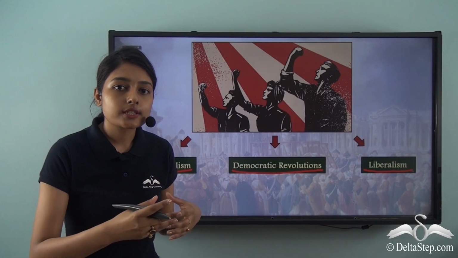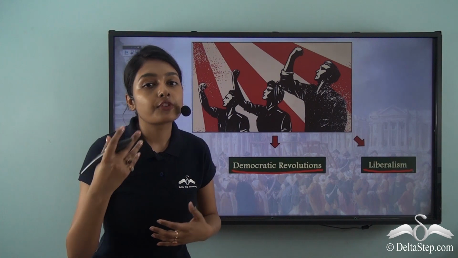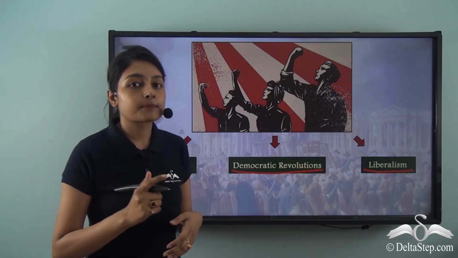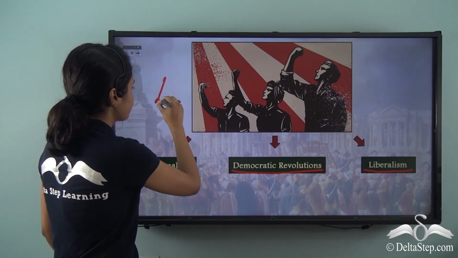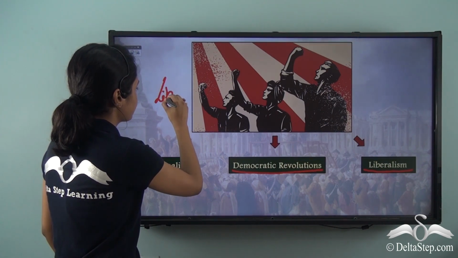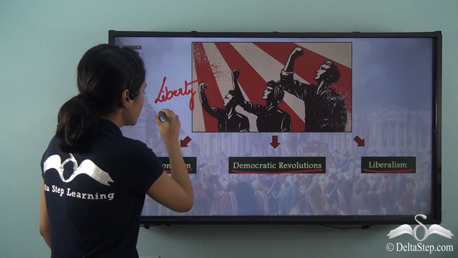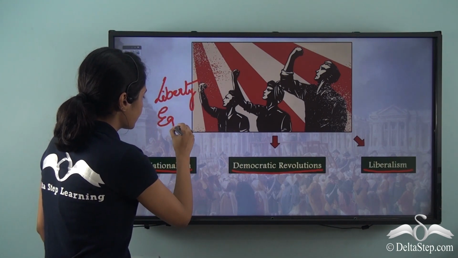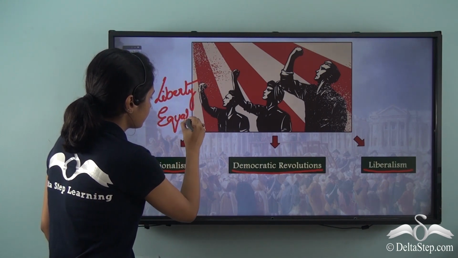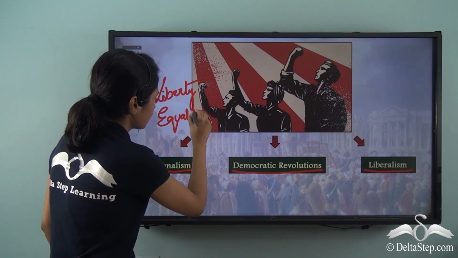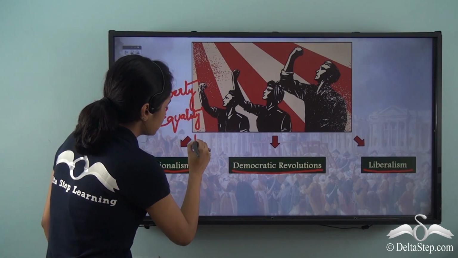A few other ideologies that took shape after this French Revolution were the concepts of liberty, equality, and fraternity.